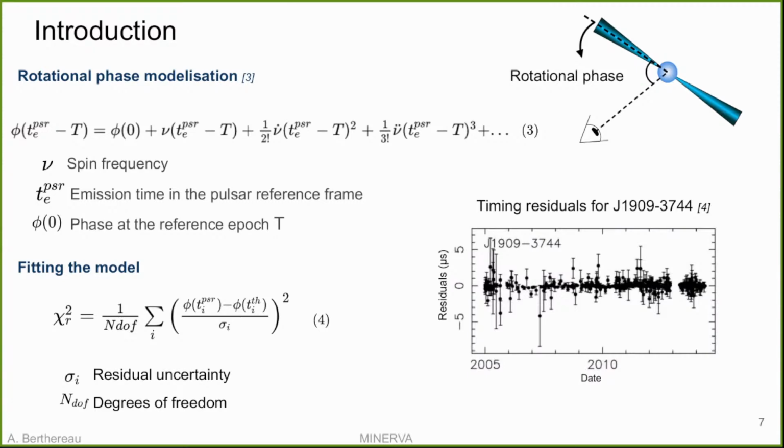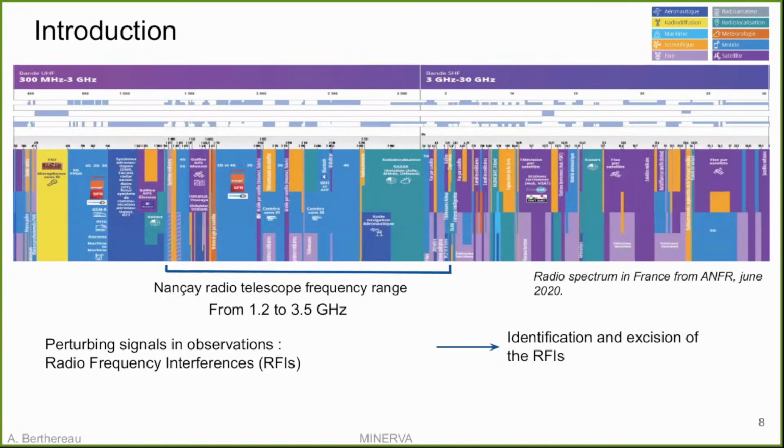And as I said, we are trying to do the best observation possible because our main goal is to have the most precise measurement for the TOA, so we need very good observation.